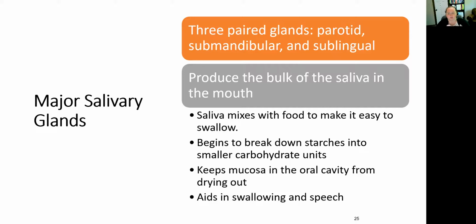Saliva mixes with food, especially that amylase, and it's going to help break down the starches. And when mixed with food, the mucus especially, it kind of coats the food and makes it a little easier to swallow. It also helps keep the mucosa in the oral cavity from drying out, and it aids in swallowing and speech.